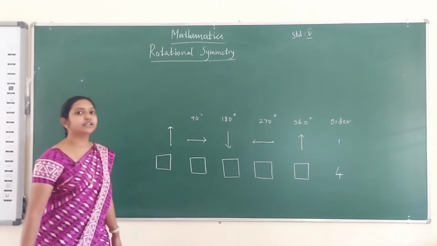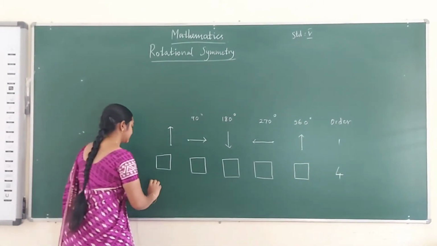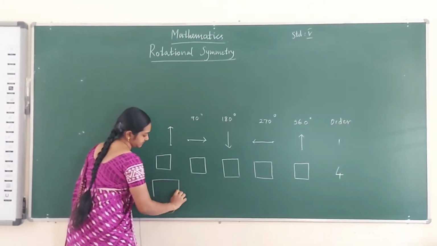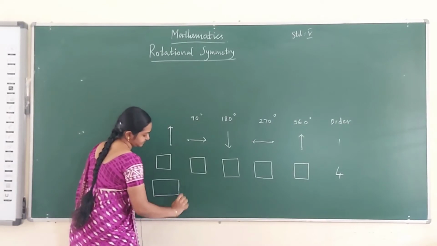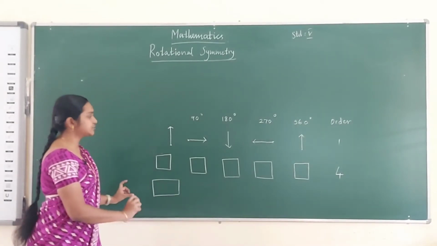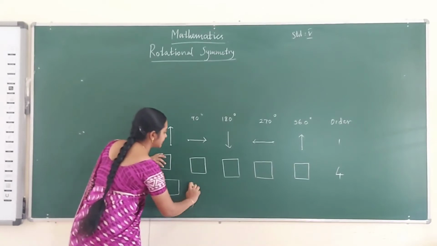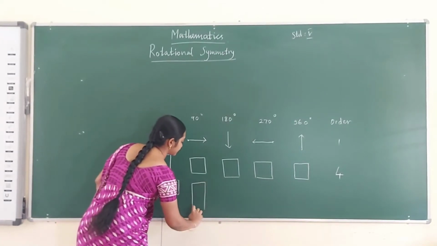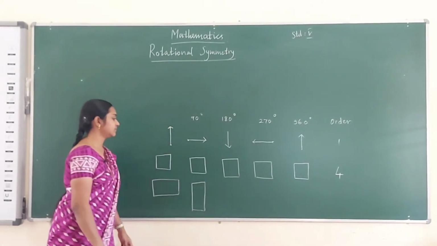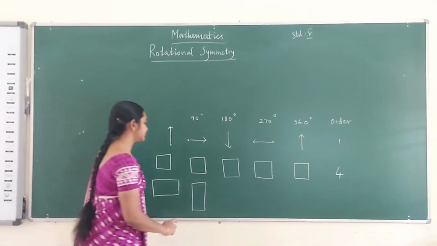Next we are going to rotate a rectangle. First rotate the rectangle to 90 degrees. So it will be like this. Now again rotate it to 180 degrees.